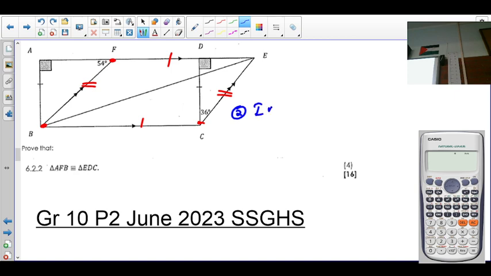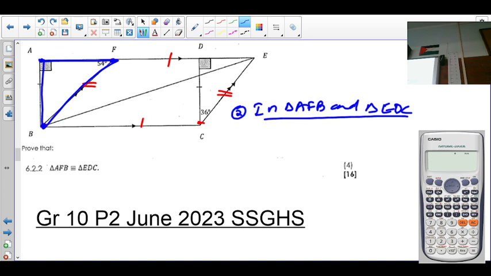The second part we now must prove. So we say in triangle AFB and triangle EDC, AFB, which is this triangle here, and EDC. Right. So what do we know from here already?